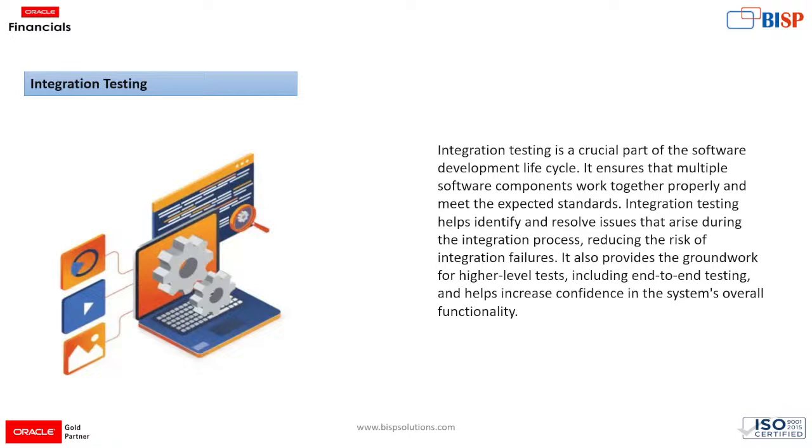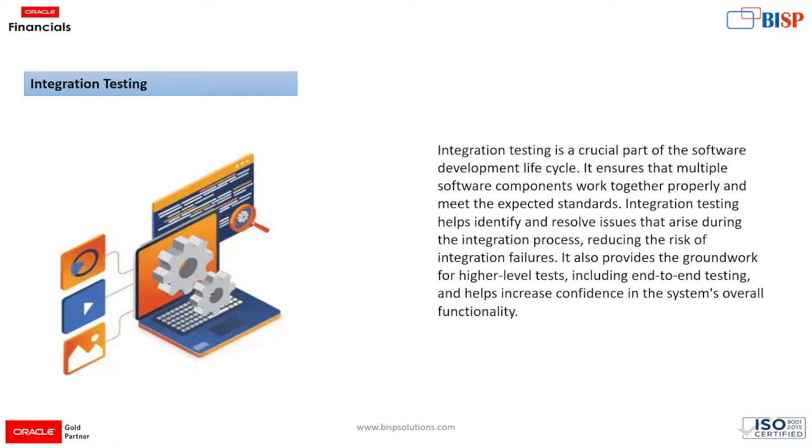Integration testing. It is important to ensure that the different modules used by your business can effectively integrate with Oracle Fusion. This process is known as integration testing, which involves assessing multiple software components collectively to confirm that they function properly and meet expectations when combined.